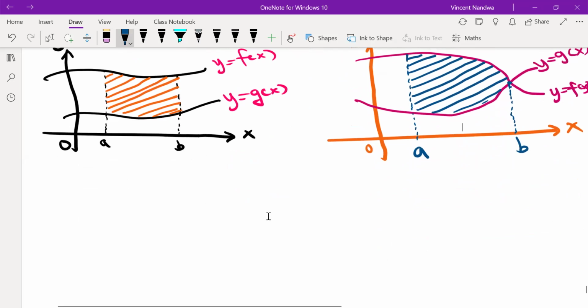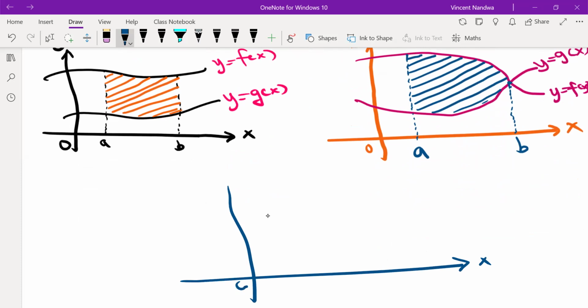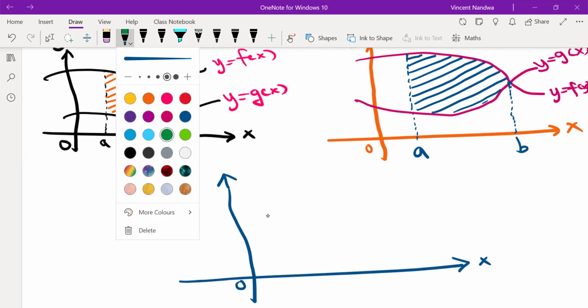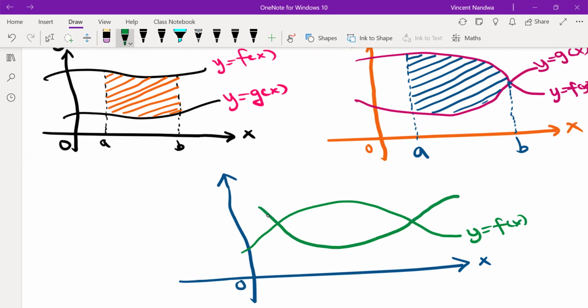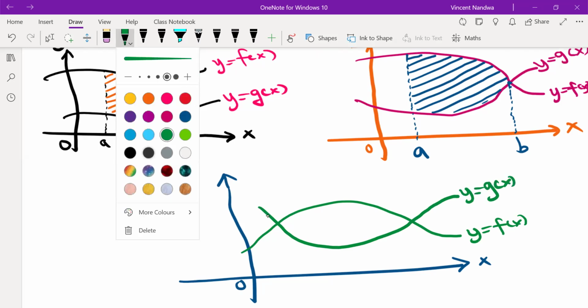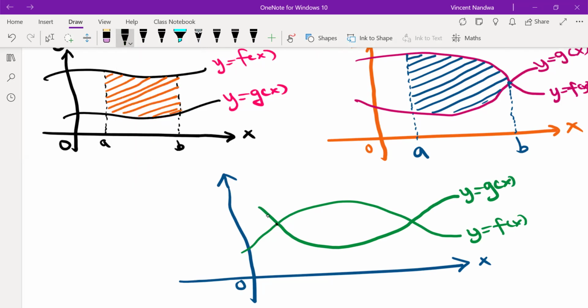Or we can have such a structure. y equals f of x, y equals g of x. So this is where we have the a. This is where we have the b.